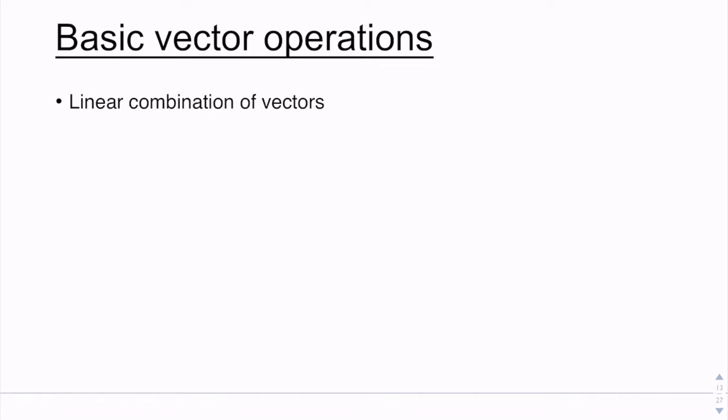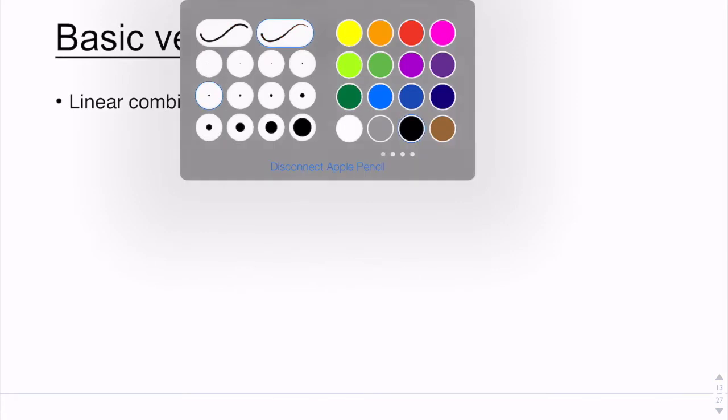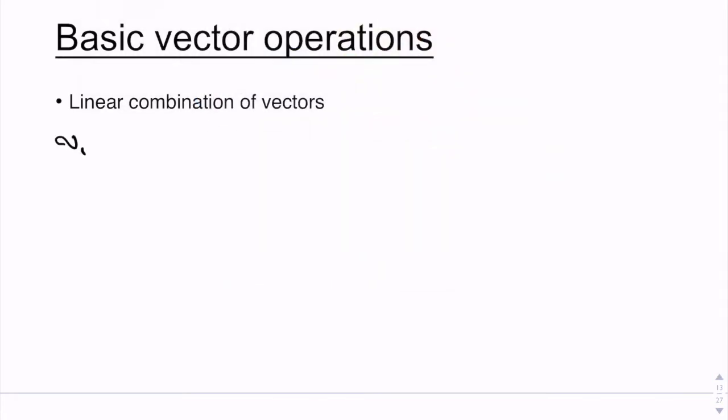Imagine we have vectors v1, v2, ..., vn, all belonging to R^n with dimension n, and let's define a1, a2, ..., an, which are all scalars.